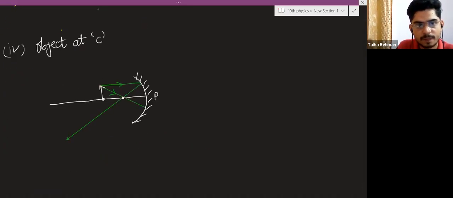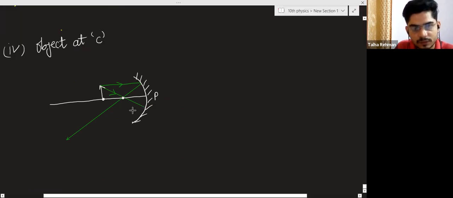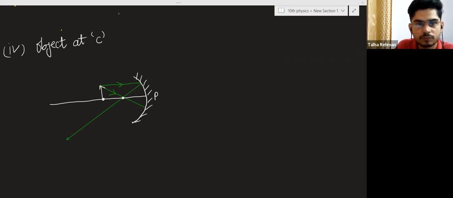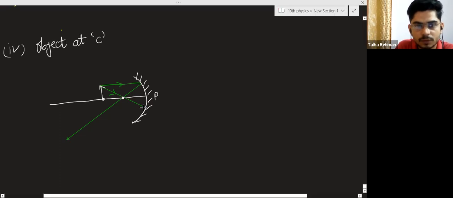Means, here this ray will intersect. Okay.